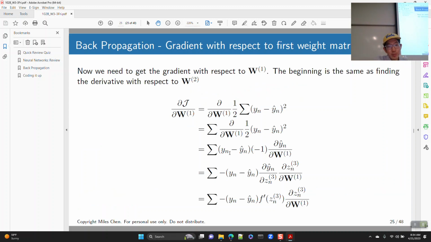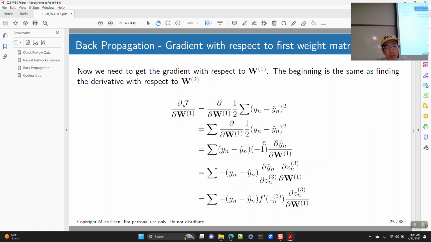Okay, so now let's find the gradient with respect to the first weight matrix. It's very similar. The beginning part starts off the same. We've got n of these terms, and we take each observation minus our prediction, square that, and add them up for our loss.